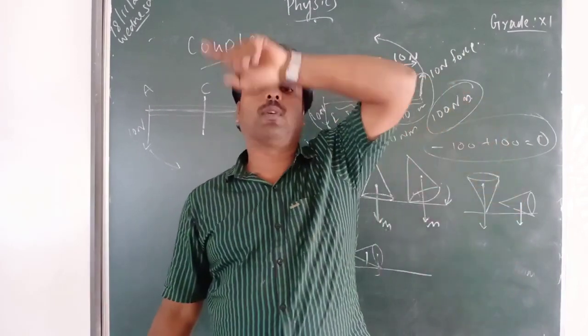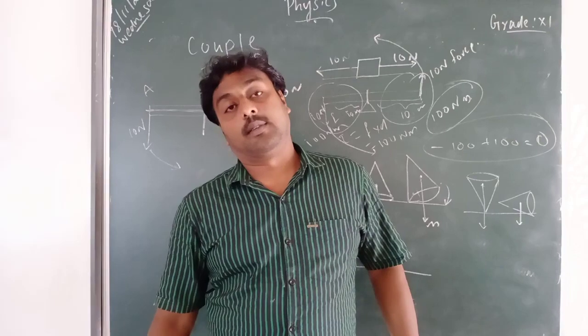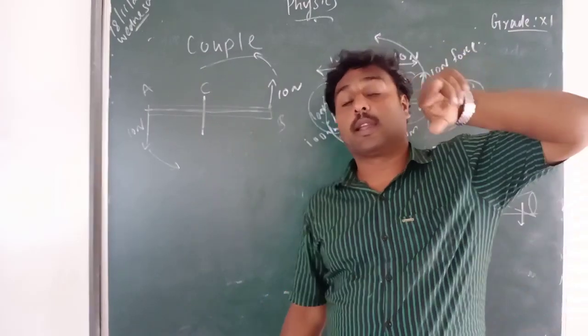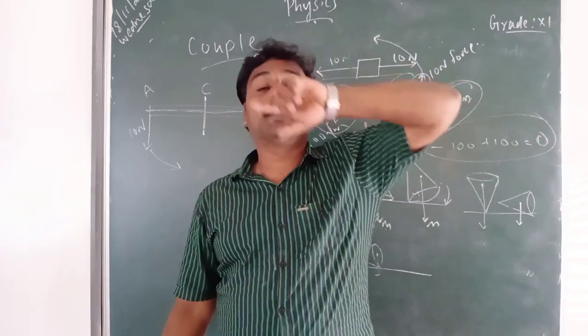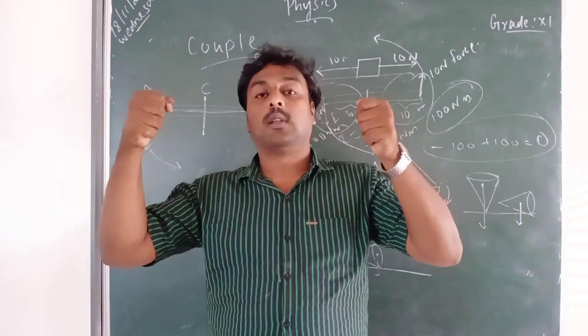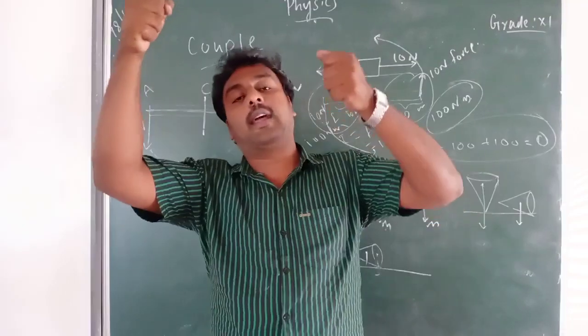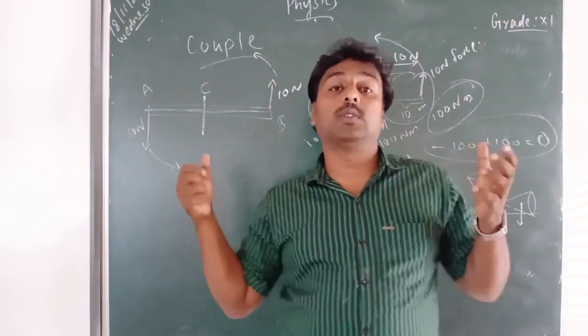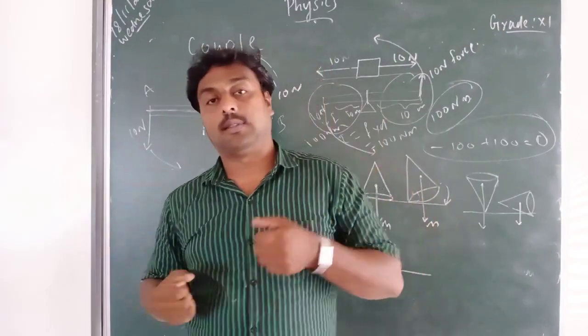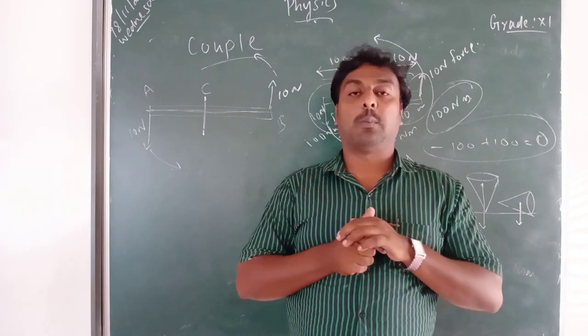So it is in a state of rotational equilibrium. There is a turning effect given by these two forces applied by the right hand and left hand. A pair of forces is applied on the steering to rotate it. That is what we call a couple.